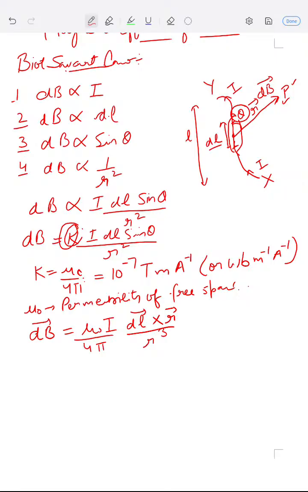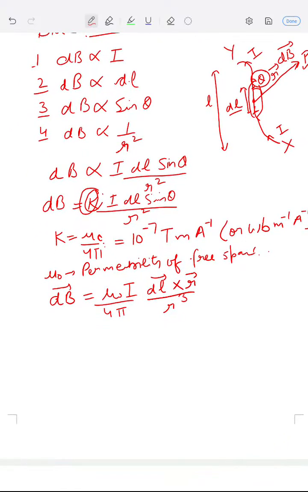So this is the derivation of Biot-Savart's law. If we take theta equals 0, sine theta will also be 0 because sine 0 is 0. If sine 0 is 0, the whole equation will be 0. The magnetic field will be 0 at all points on the axis of the current element.